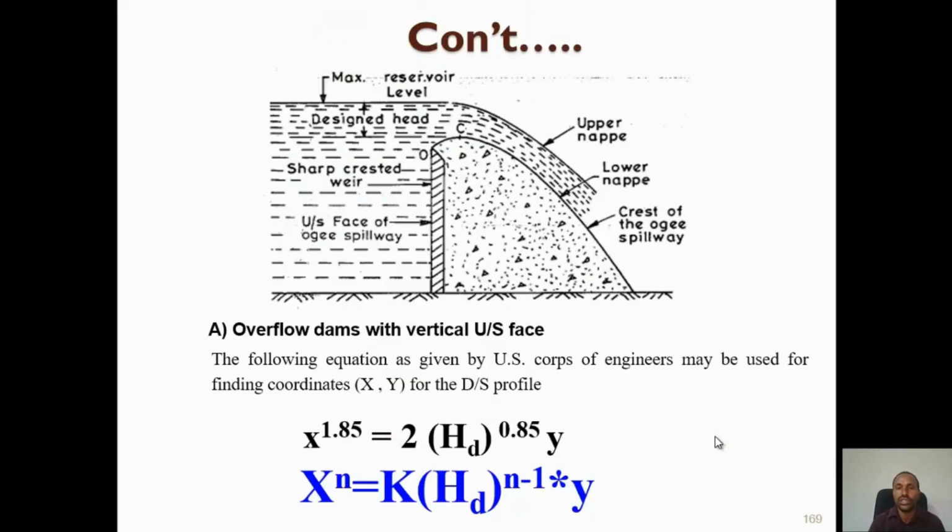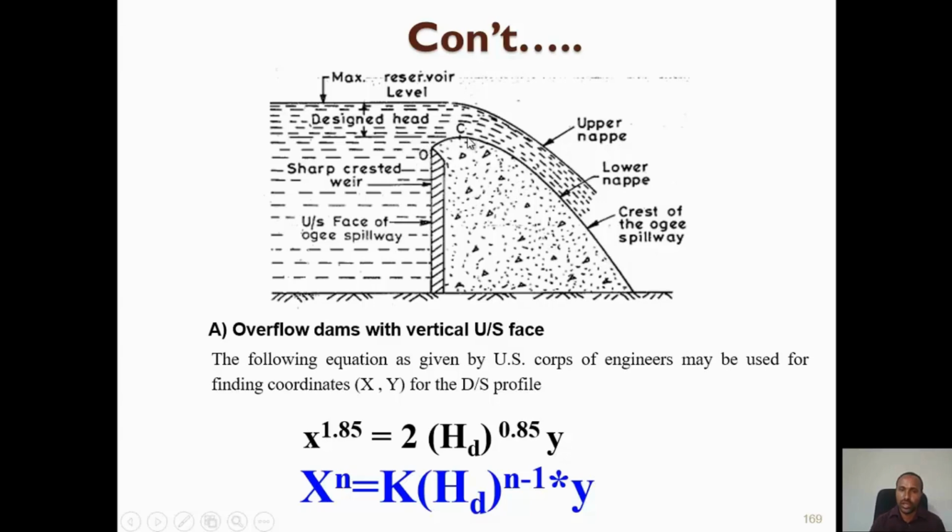You can see this is a sharp crested spillway. Initially it started with a sharp crested weir. You have the design head above that level, up to the maximum reservoir level. When the reservoir fills, the water ejects like that, dropping vertically at first.